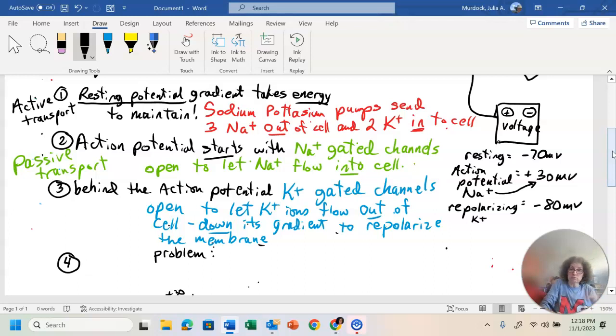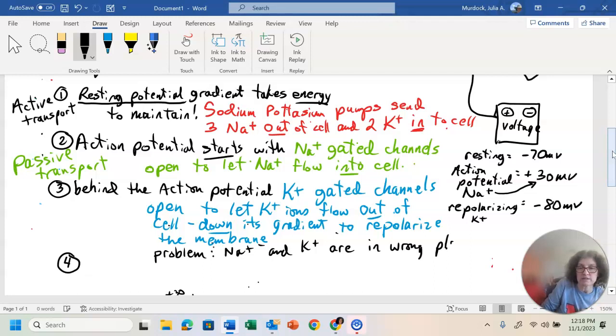So what do we do? Well, first of all, let me explain the problem. The Na and K plus are in the wrong places, right? So what has to happen? Yes, the sodium-potassium pump's beautiful.